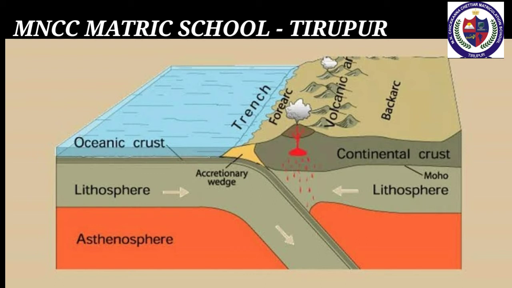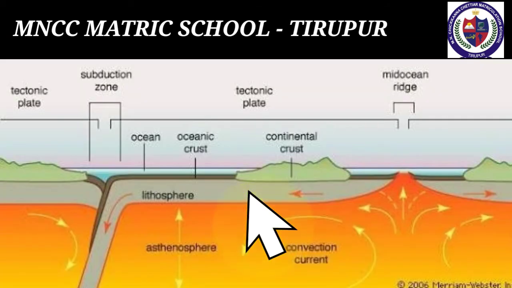In some cases, when two continental plates converge, folds may be created. Great mountain ranges like the Himalayas have been formed in this way. Asthenosphere. The asthenosphere is the part of the mantle that flows and moves the plates of the earth.